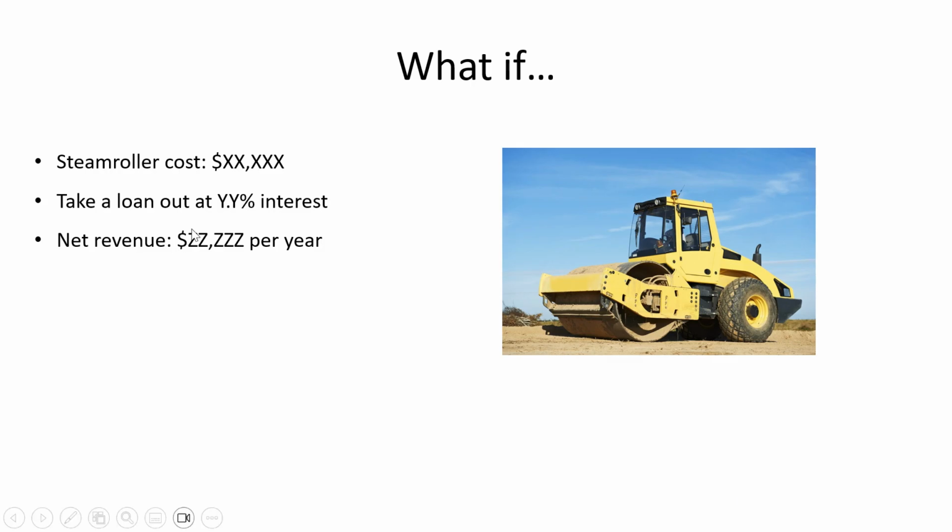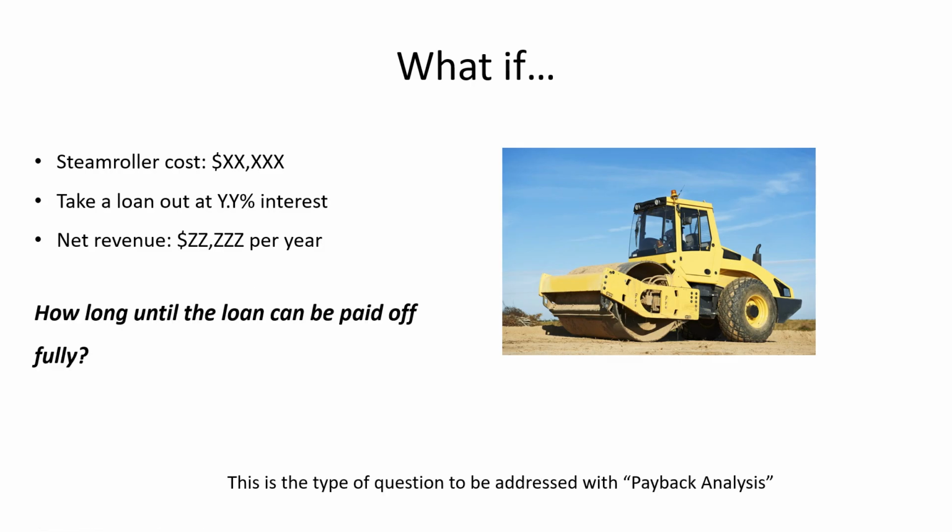And by net revenue, what we mean is taking into account the operating expenses, which include maybe maintenance and fuel and insurance and so on, the leftover revenue after paying for all of those expenses. So the net revenue is the justification for the initial purchase price, so it's some amount of money per year. So with all these three things, actual numbers behind them, we could answer the question of how long it's going to take for this loan to be fully paid off.